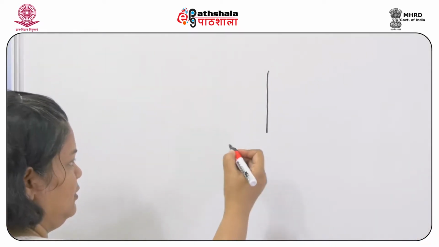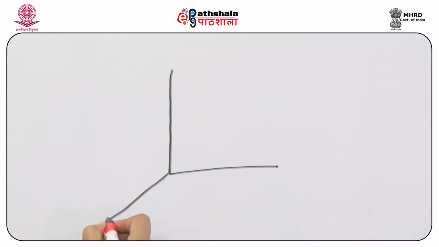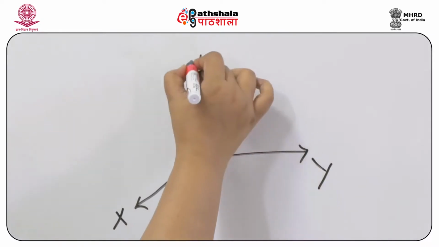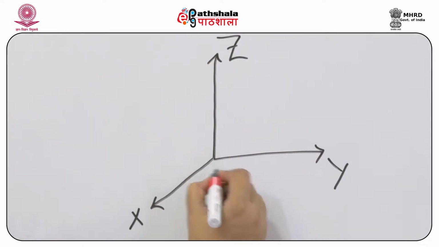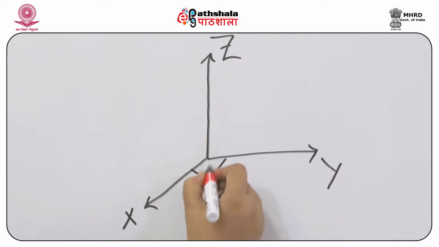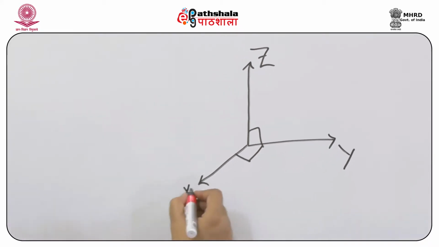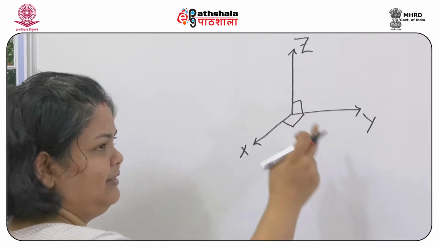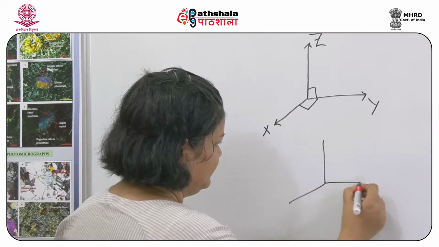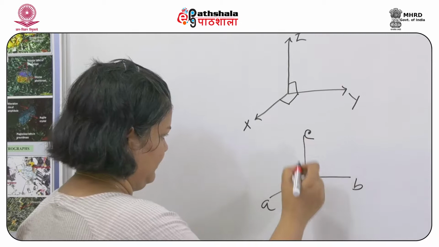For simplicity, we can start off with three crystallographic axes, which can be x, y, and z, all of equal length and subtending an angle of 90 degrees to each other. In crystallography, instead of x, y, and z, the Cartesian coordinate system, we adopt the A, B, and C crystallographic system.